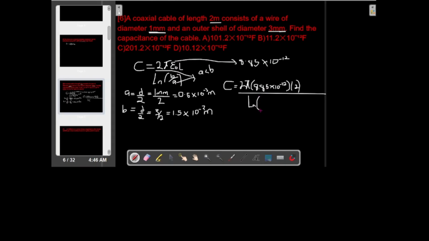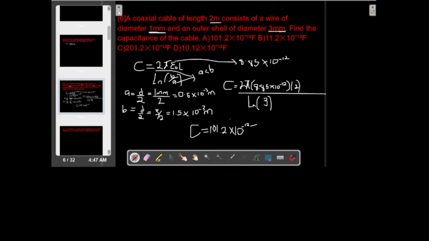Now what's b over a? That's 1.5 times 10 raised to power minus 3 divided by 0.5 times 10 raised to power minus 3. If you notice this properly, that is just 3. So from here, you punch your expression into the calculator, and you have to get your final answer, which should coincide with mine. My final answer is 101.2 times 10 to the negative 12.